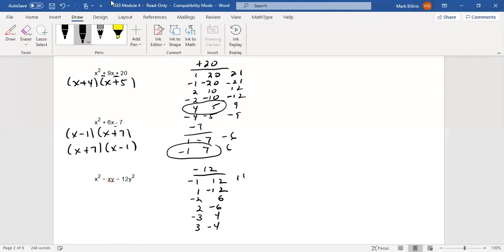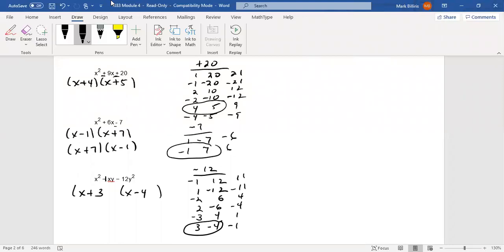So the first one would give me 11, the second -11, the third 4, then -4, then 1, and -1. So if you look at your middle term, the negative xy, remember, there's an understood 1 to be in front. So I'm going to use 3 and -4. So I know it's going to be x plus 3 and x minus 4.